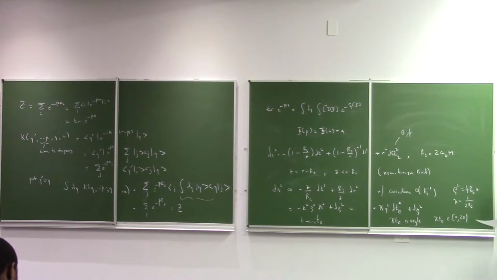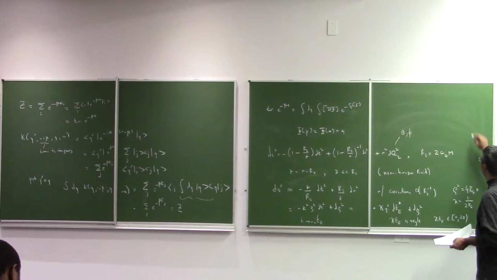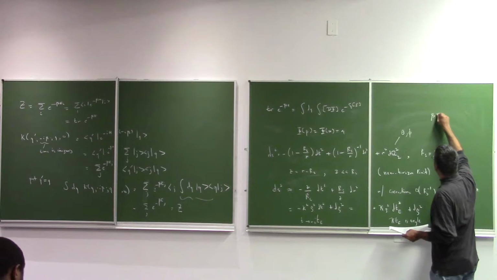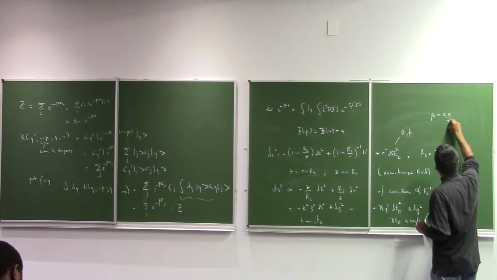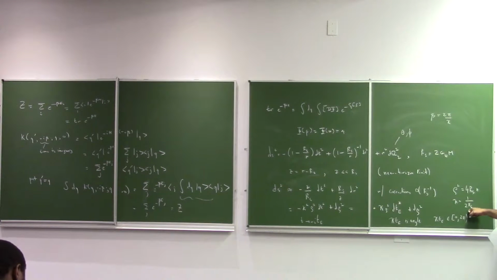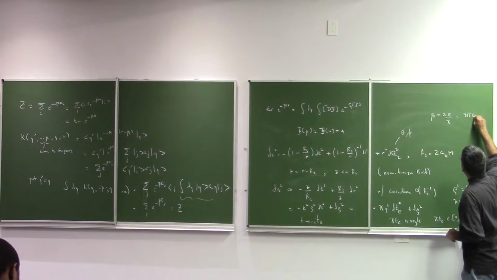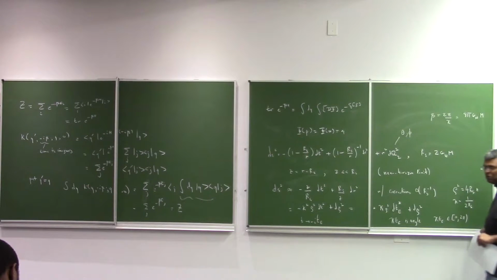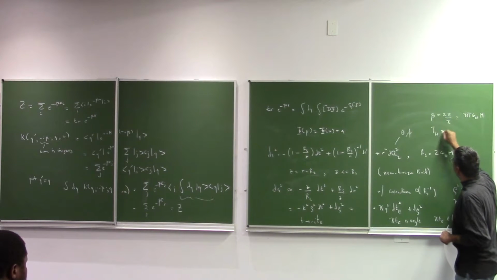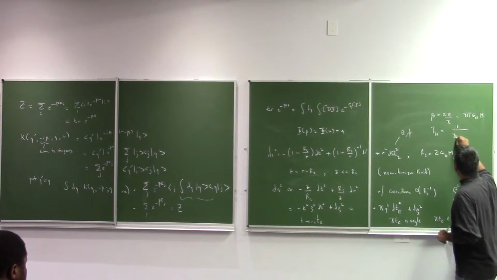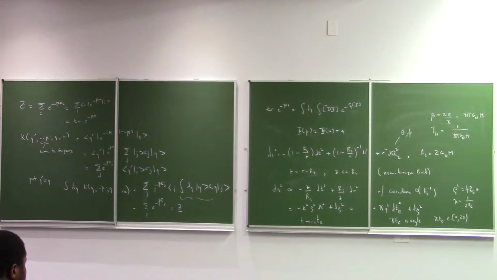This tells me then that Euclidean time has a periodicity of beta, which is equal to 2 pi over kappa. And plugging in the value of kappa, this equals 8 pi G Newton times the mass. Therefore, the Hawking temperature is the inverse of this, 1 over 8 pi G Newton M, which is what we claimed for Schwarzschild previously.